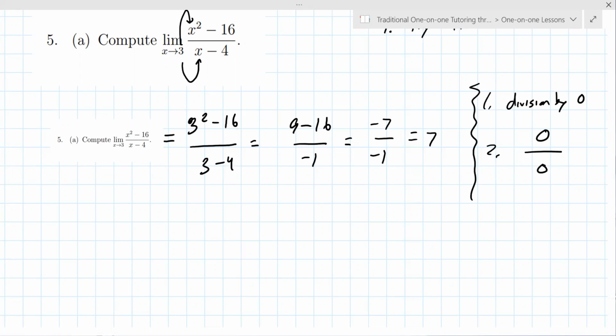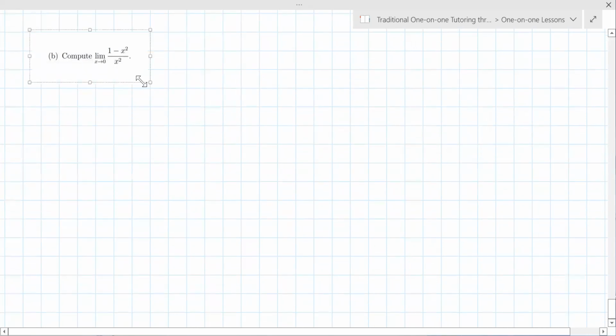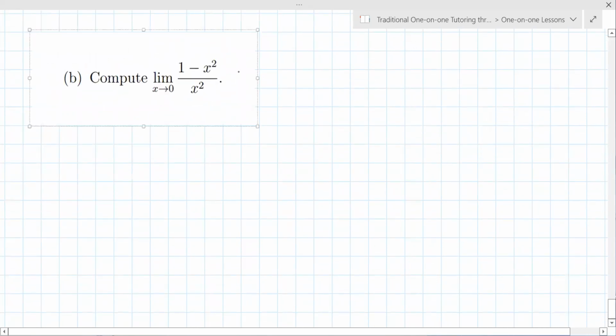Now, for question B, I'm going to show you how to do this more formally, so that you're maximizing the grade here. So this time when you try 0, you get 1 minus 0 squared over 0 squared, which ends up being 1 over 0. Okay, and this is bad. This is bad. Okay.